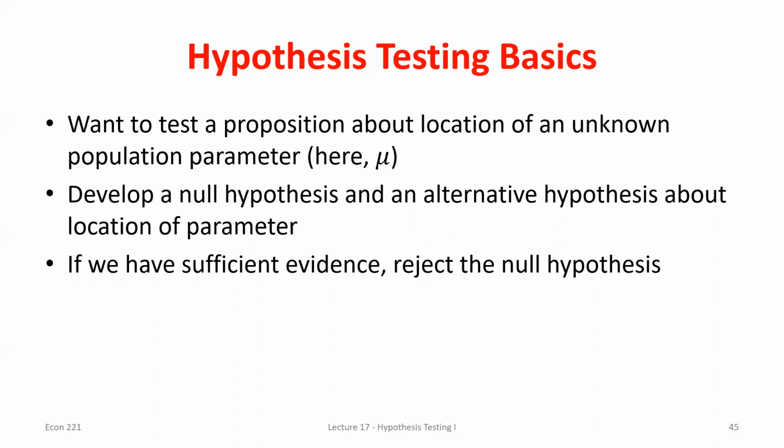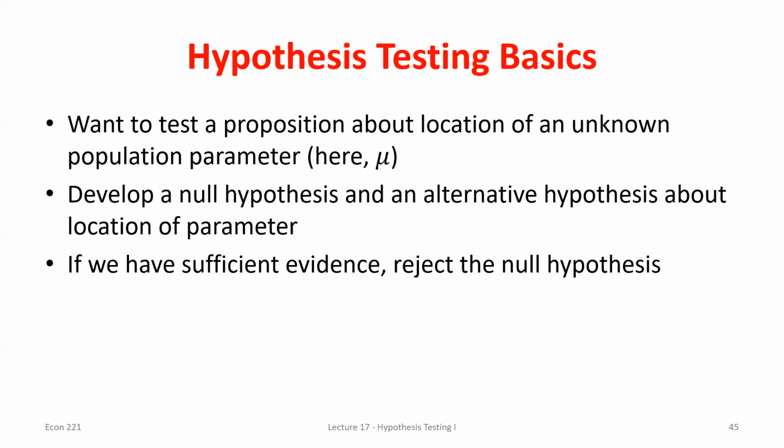If what I assumed to be true was in fact true, then what we know about the distribution of sample means is that they should be centered around that value. And potentially seeing 45,000 isn't that unlikely if the true mean was 50,000, especially if I have a relatively low sample size.